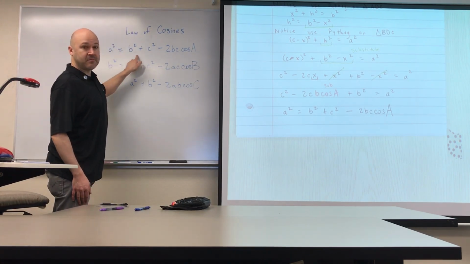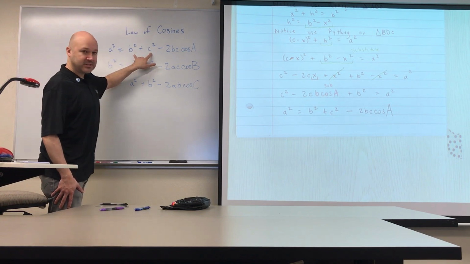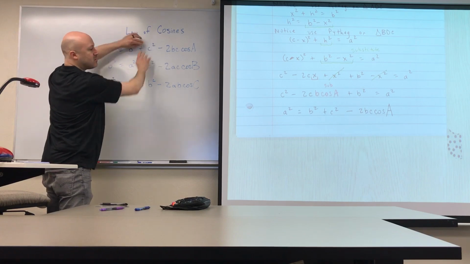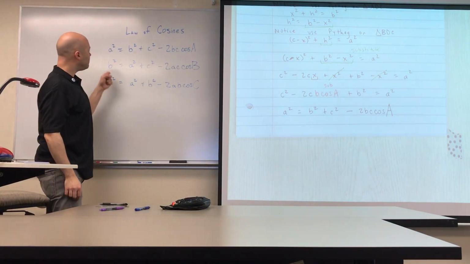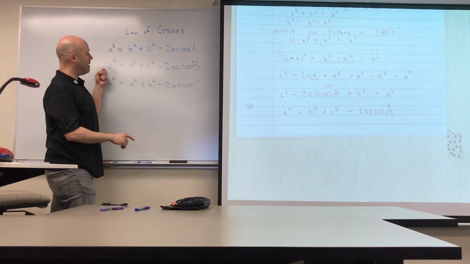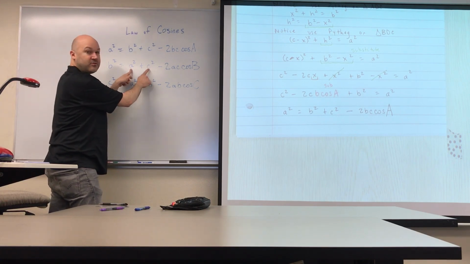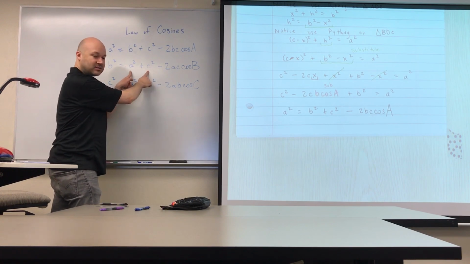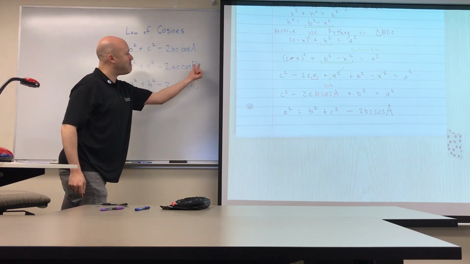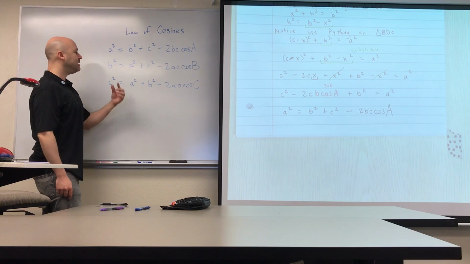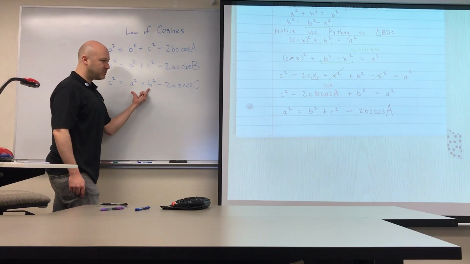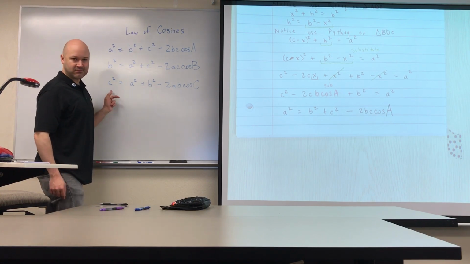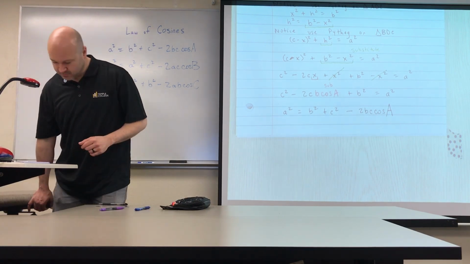But I've got this one here. a squared is equal to b squared plus c squared minus twice their product times cosine A. b squared follows the same format. It's equal to the other two variables, squared and summed, minus twice their product times cosine of that matching angle. Similarly, c squared equals the other two squared and summed minus twice their product times cosine of that matching angle.